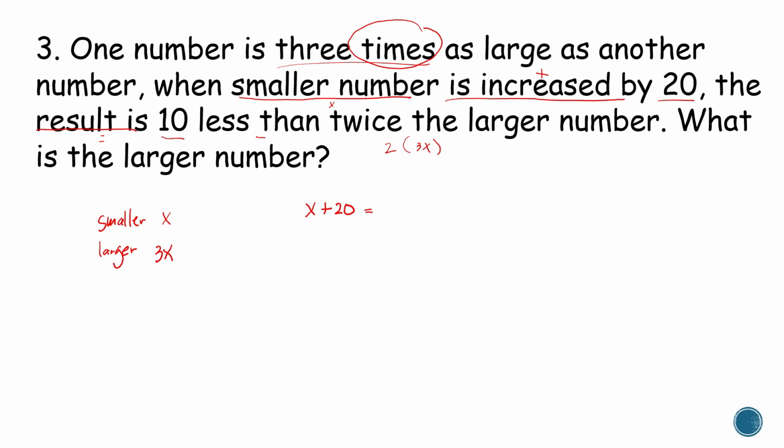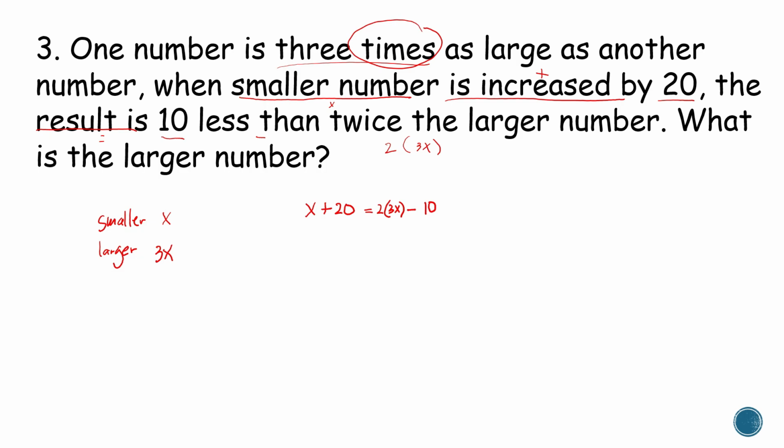Now, every time you are working on this kind of phrase, 10 less than twice the larger number, you need to translate that from right going to the left side. So this is what I mean by that. 10 less than twice the larger number, which is 3x. That's how you do that. So now we have an equation.